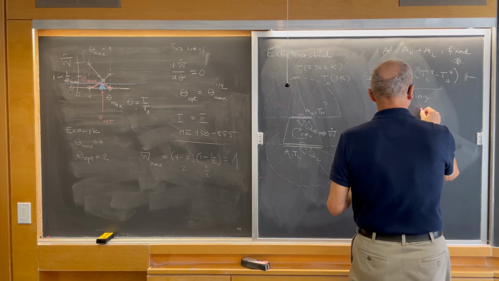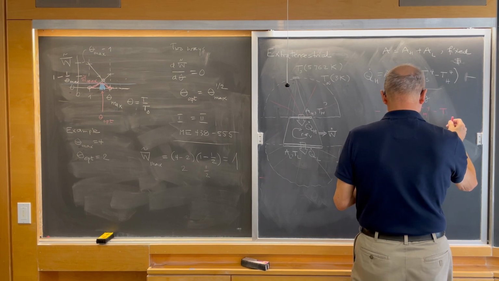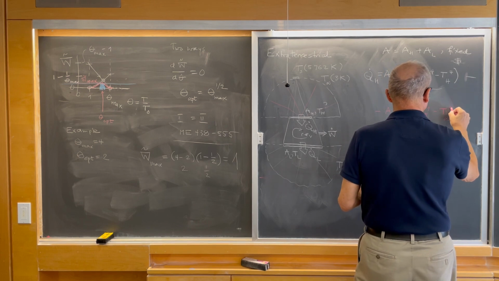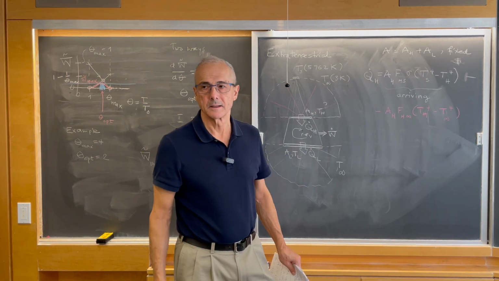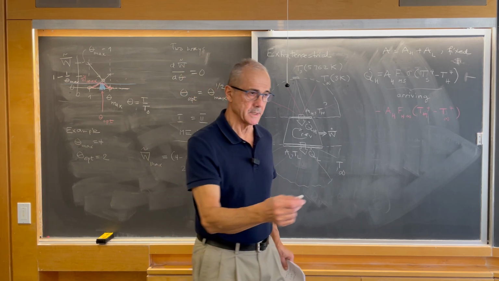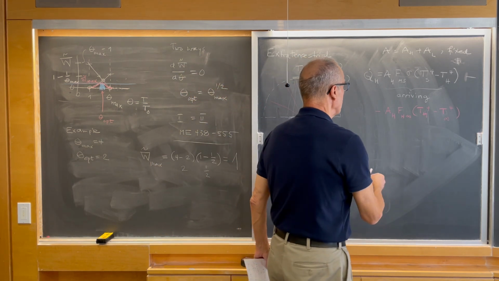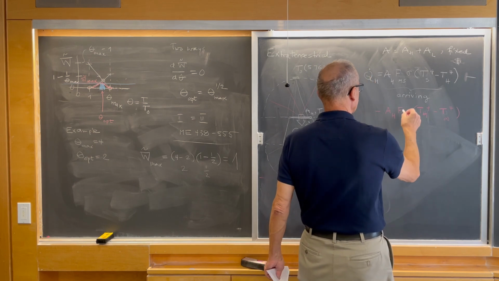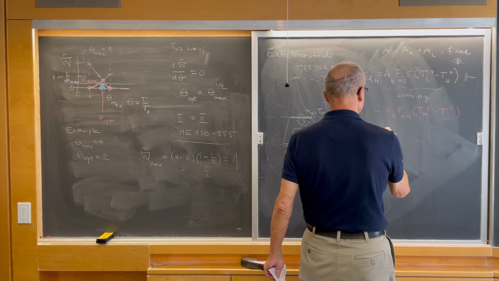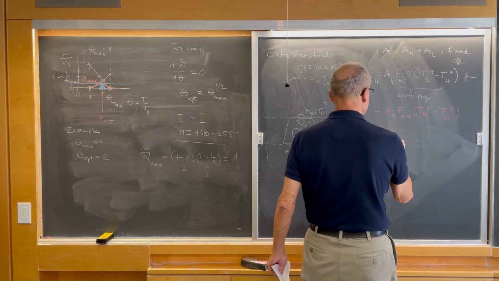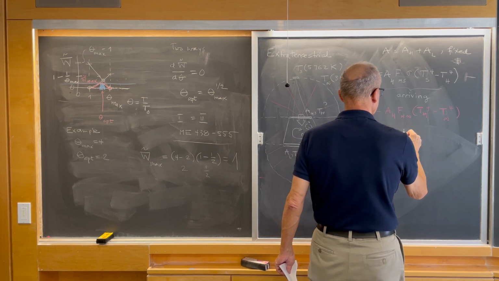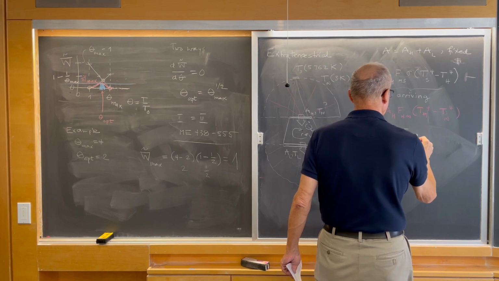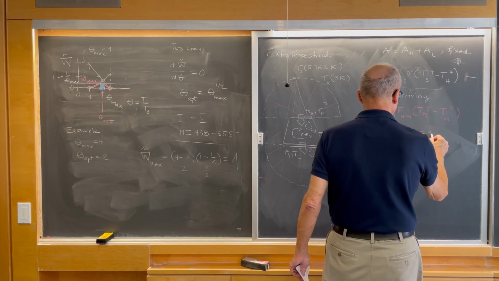And then TH to power 4 minus T infinity to power 4. There is a theorem in this domain that after you prove it, you discover that the sum of these two view factors, FHS plus FH infinity equals 1.